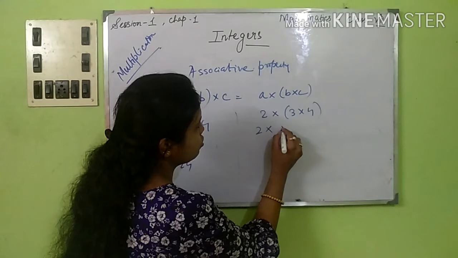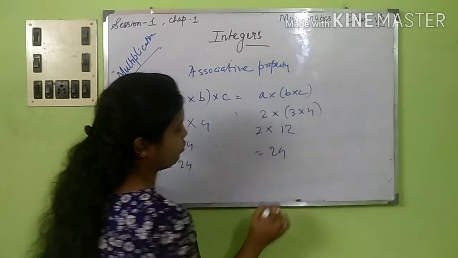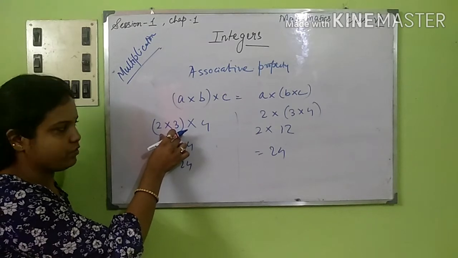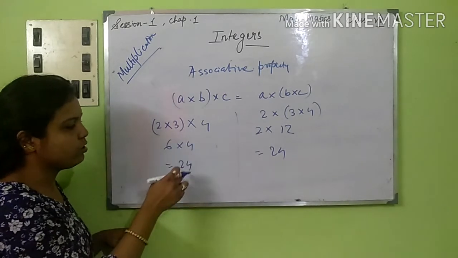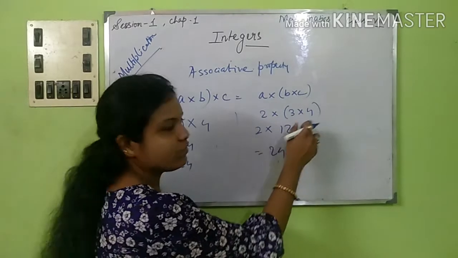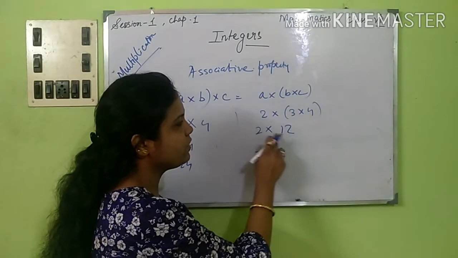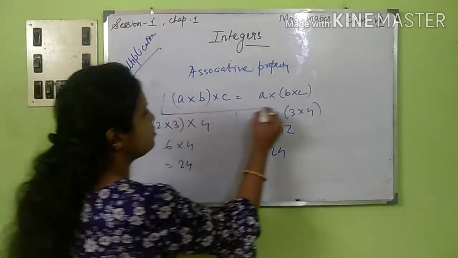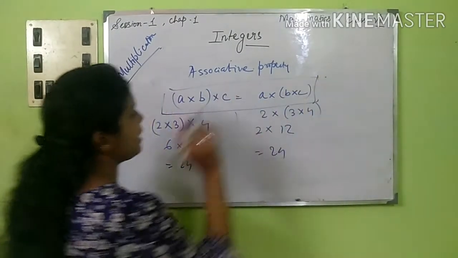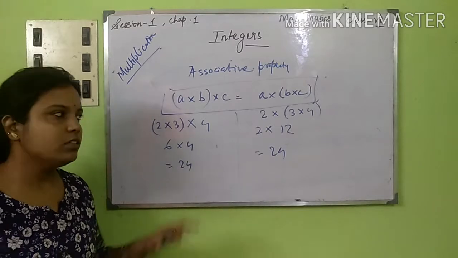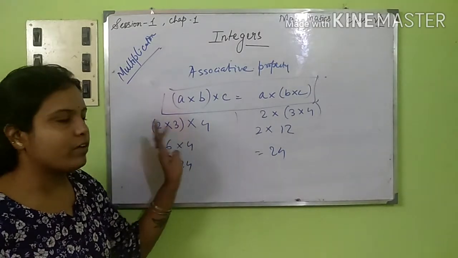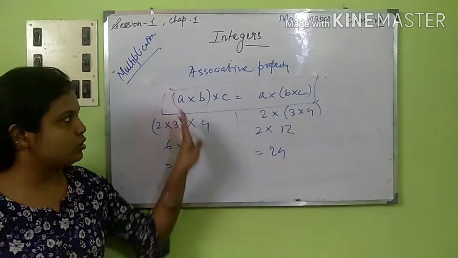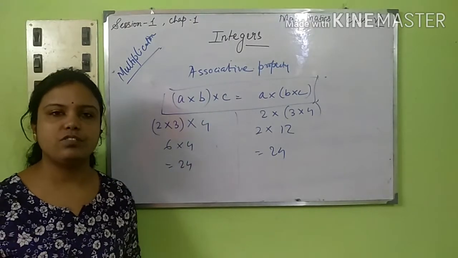Here 2 into 12 is 24, because we are working on the brackets first. So 6 into 4, 24. Again here we have the bracket first. So 3 into 4 is 12, 2 into 12 is 24. So you can understand, this was the law of associative property. You can see easily that with rearranging, the results are not changing, they are the same. So this is your associative property.